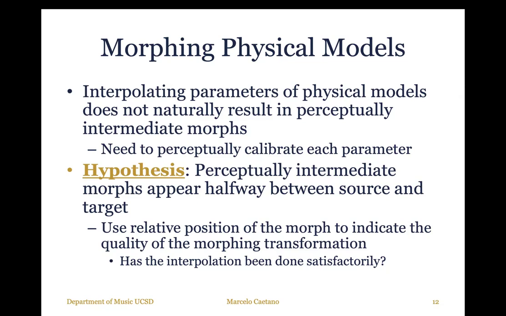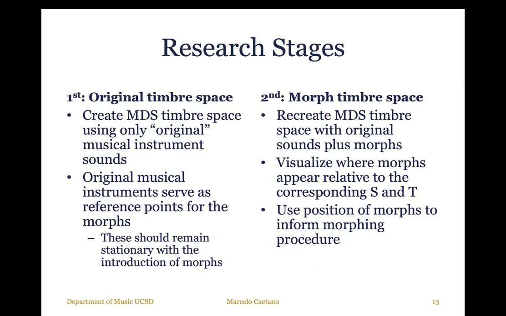So the hypothesis behind our research here is that perceptually intermediate morphs appear halfway between source and target in their underlying timbre space. So we are going to use the relative position of the morph to indicate the quality of the morphing transformation, basically trying to answer the question, has the interpolation been done satisfactorily?